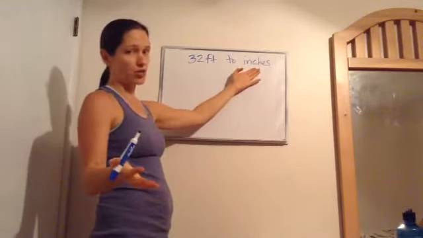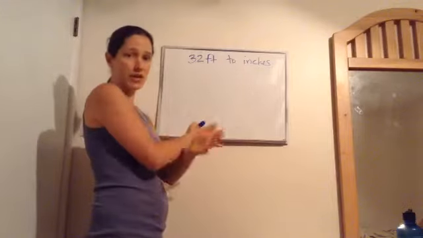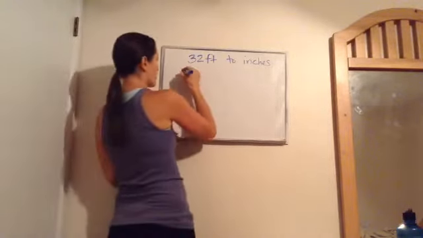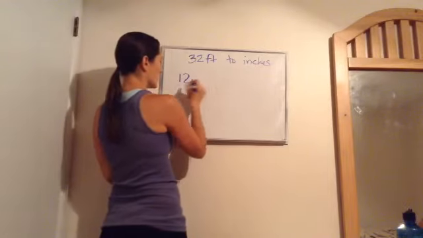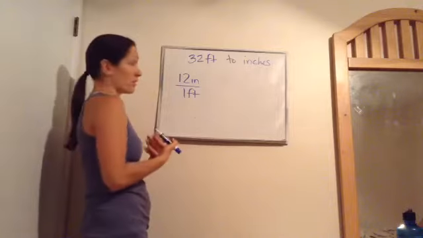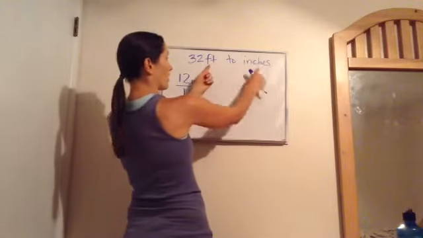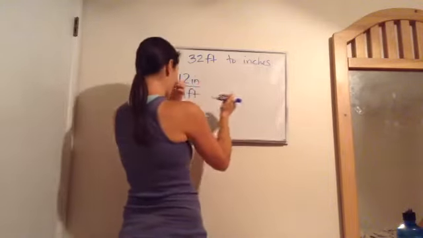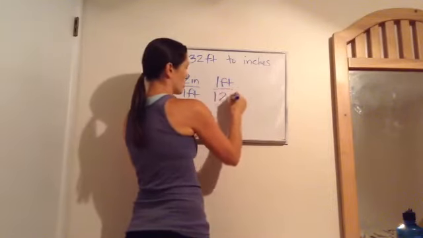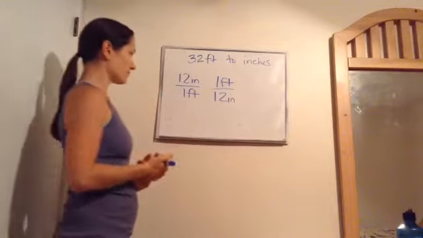And then you want to ask yourself, how many feet are in an inch or how many inches are in a foot, okay? And so what you're going to do is go 12 inches are in 1 foot. That's the known unit multiplier for feet and inches, okay? So 12 inches equals a foot and 1 foot equals 12 inches, okay?